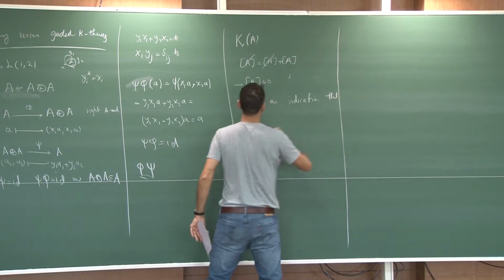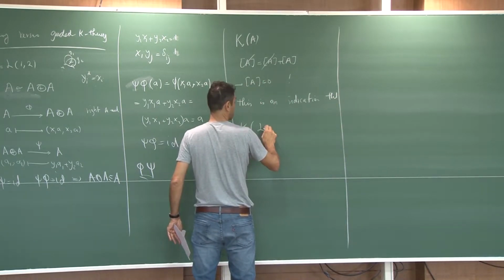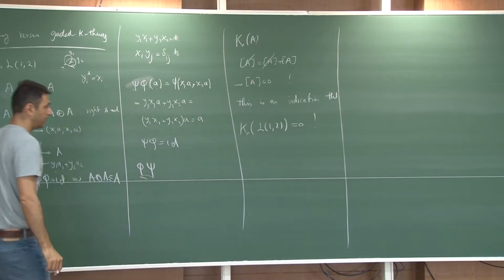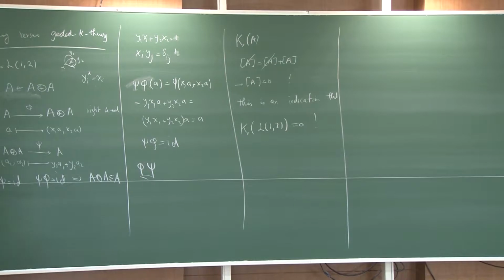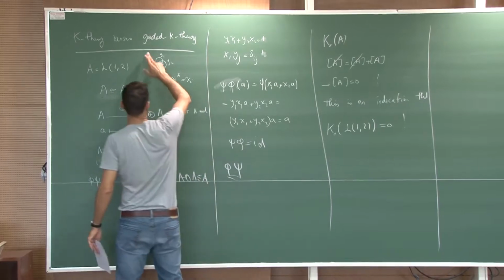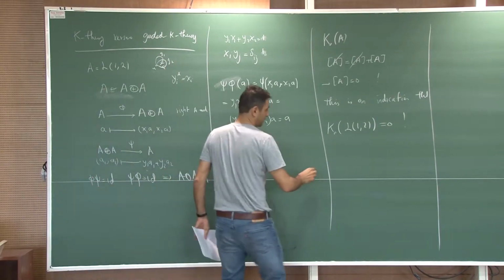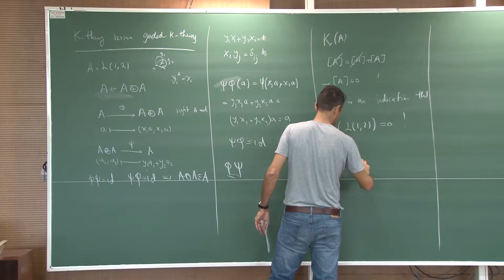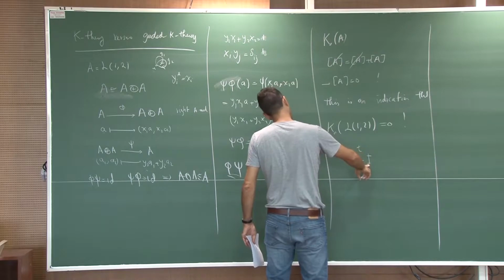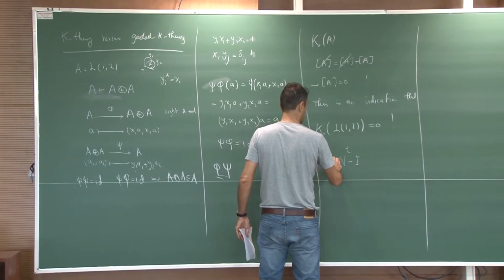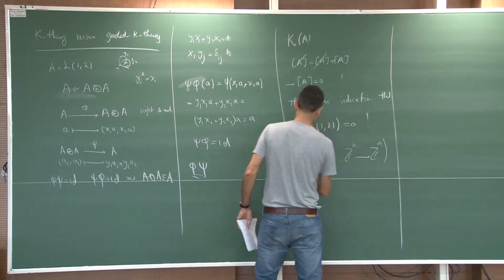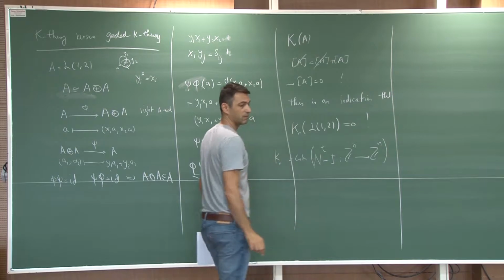that the K0 of this Leavitt path algebra is in fact 0. And if I want to use the formula Muge told us: you look at the adjacency matrix of this, which is just 2. Remember, you look at the adjacency matrix, you transpose it, you subtract the identity, and then you get the cokernel of Z^n to Z^n, and that gives you the K0 of your Leavitt path algebra.